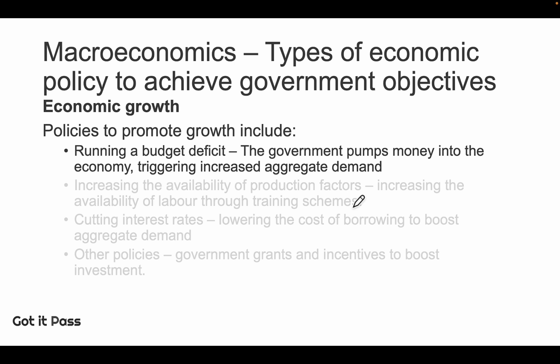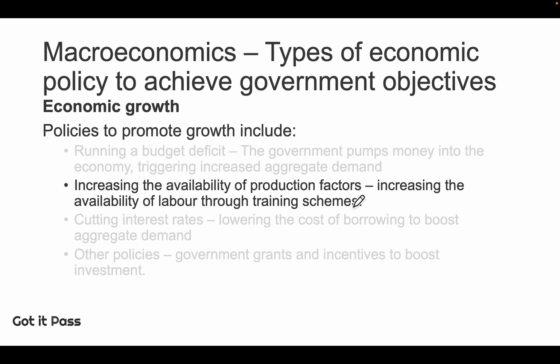John Maynard Keynes agreed that the economy cannot be back into equilibrium without the government intervention. So government can pump money into the economy by increasing its expenditure or decrease its income in the economy in order to run a budget deficit to boost the economy by increasing the aggregate demand.